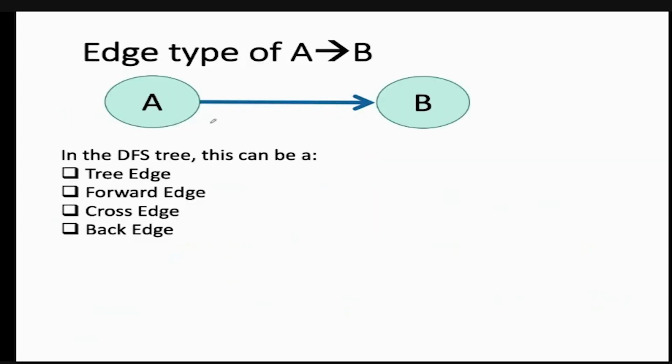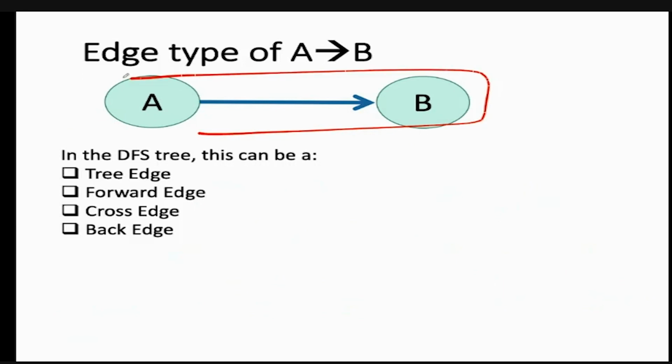But to understand what's happening here, let's look at what kinds of edges a DFS tree can have. In DFS, every edge can be of any of these four: tree edge, forward edge, cross edge, or back edge.